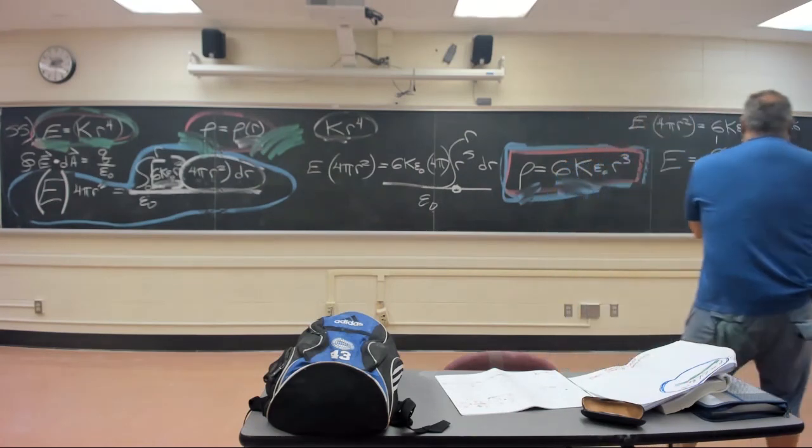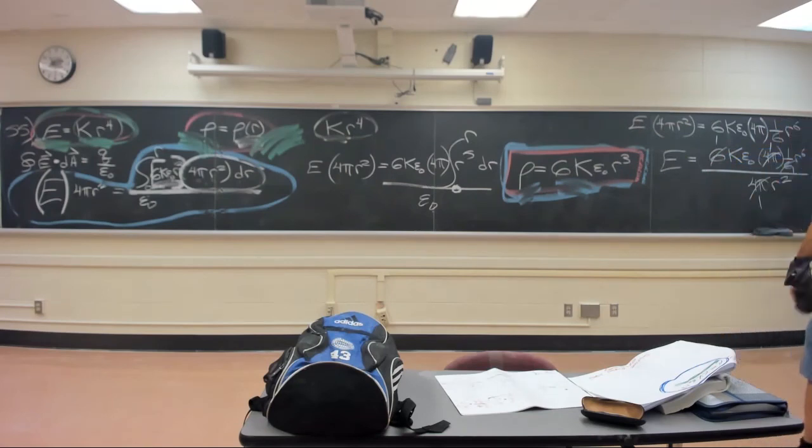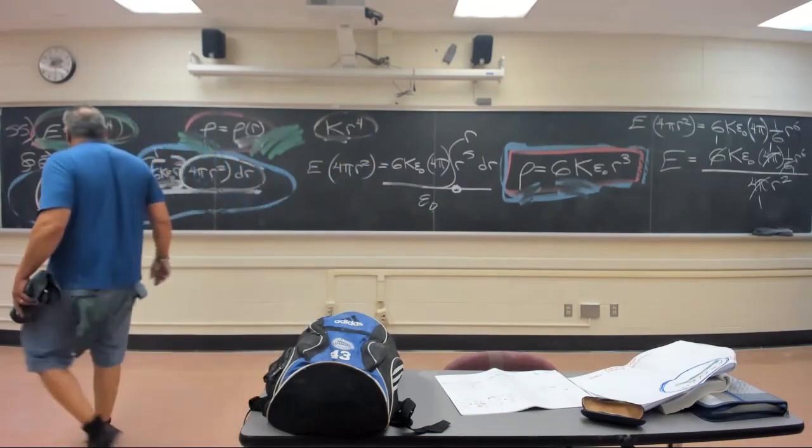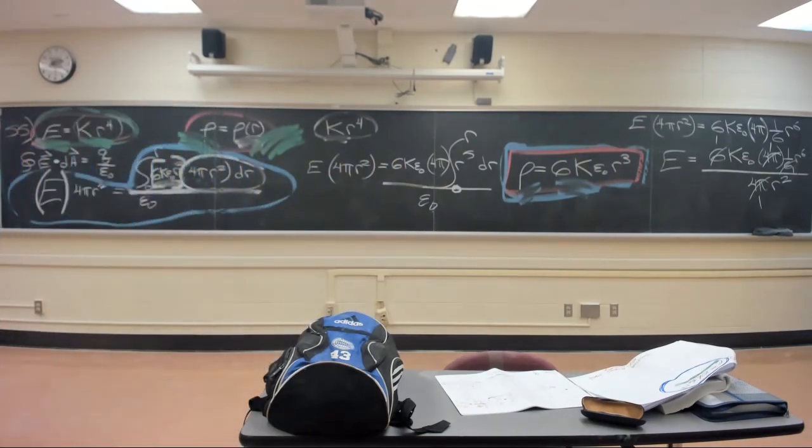There's 6k epsilon naught. The 4's cancel, r to the 4th. Because of the symmetry, tell you the total charge enclosed.